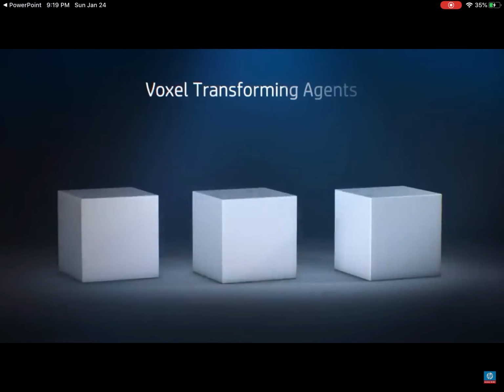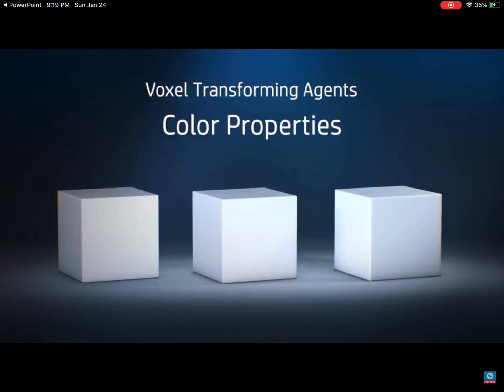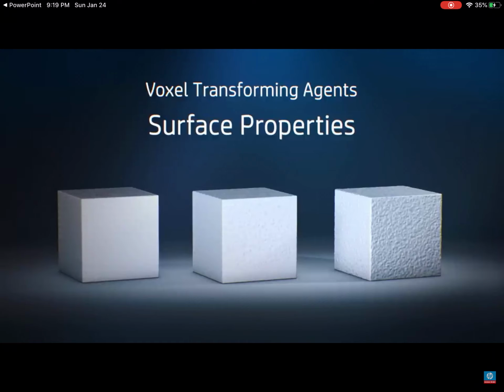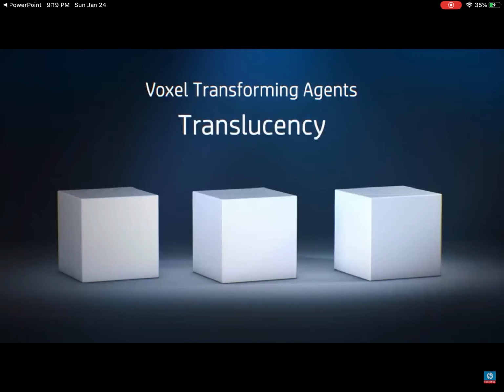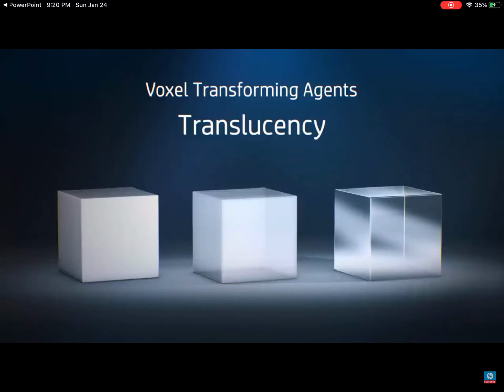But more than just full color printing of functional parts, HP's multi-agent system enables a fundamentally different approach that could unlock the full potential of 3D printing. At each voxel, HP transforming agents could control surface texture, wear, and friction, enabling single parts with multiple textures or the monitoring of part performance. The transforming agents could control the translucency of each voxel, enabling the printing of lenses or sensors.